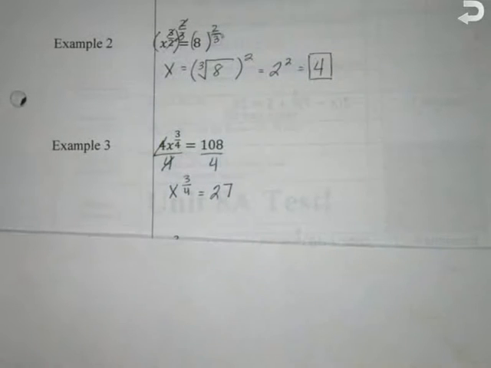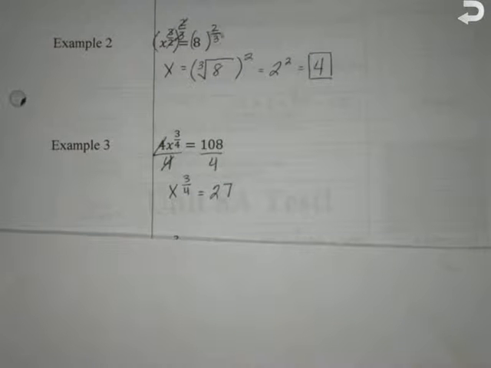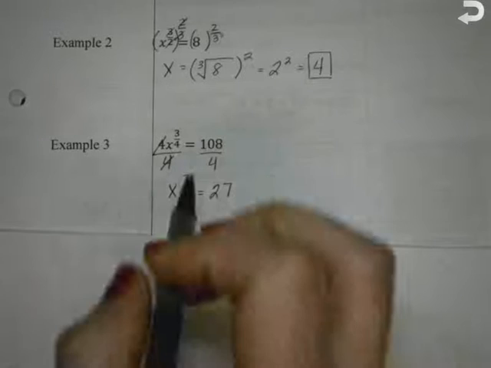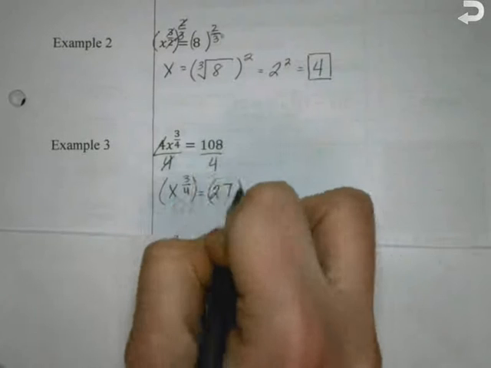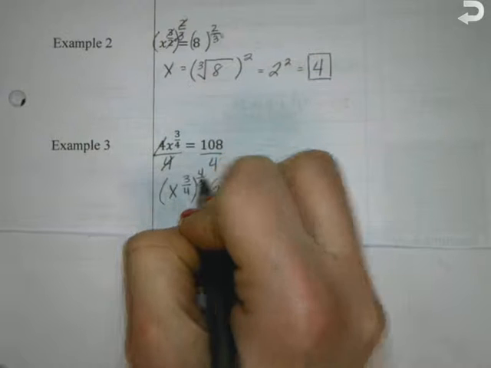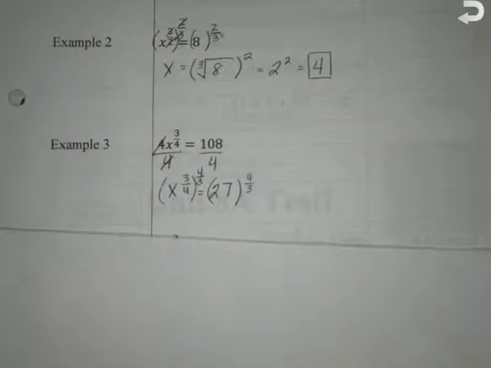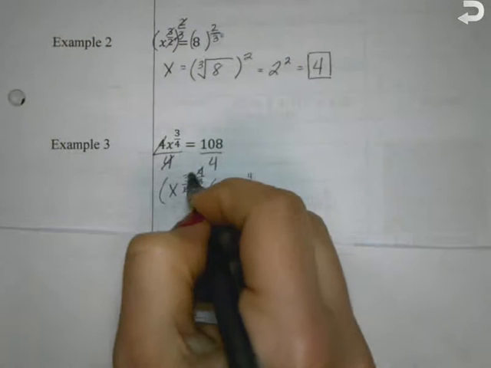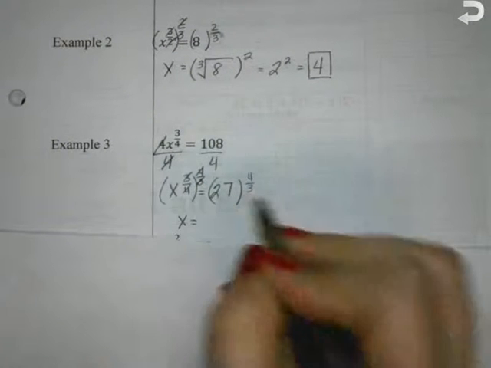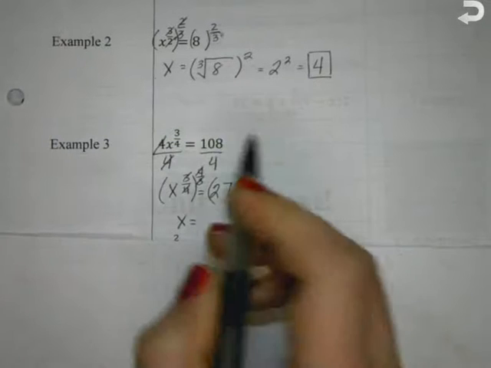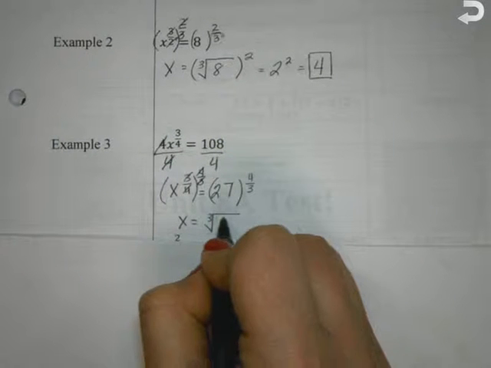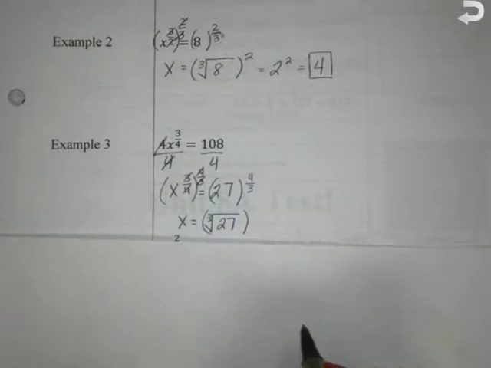Okay, and then to get rid of that exponent, what do I do? Raise the whole thing to the 4/3, so to the reciprocal. Yeah. So these cancel, so we get x equals, we can rewrite this as cube root of 27 raised to the 4th power.